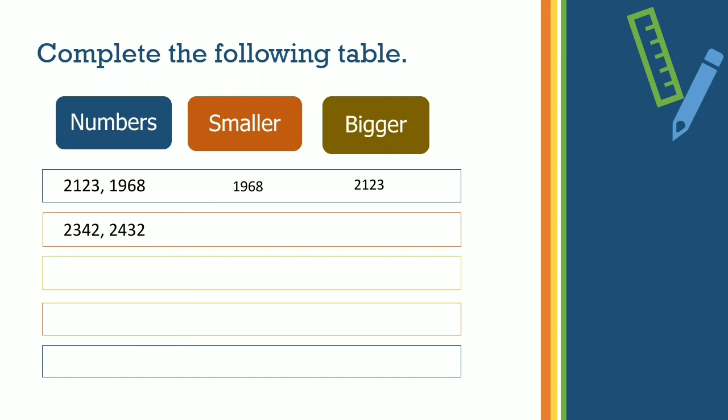So we compare at the hundreds place. In the first number 3 is at the hundreds place and in the next number 4 is at the hundreds place. So 4 is bigger than 3. So we write 2342 in the smaller column and 2432 in the bigger column.